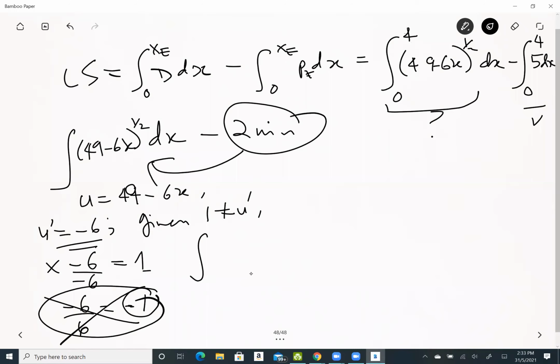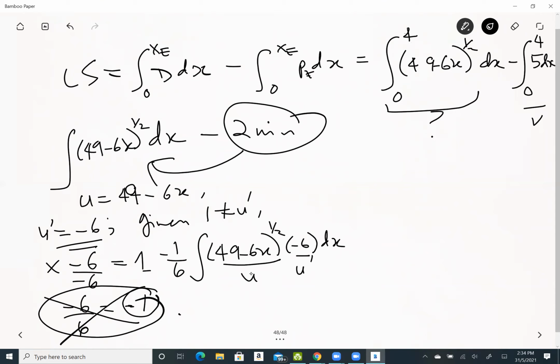The integral will be 1 over negative 6, and then you put in the negative 6 on the top inside, negative 6 dx. So here, this is the u, that's u prime. So you got the form.